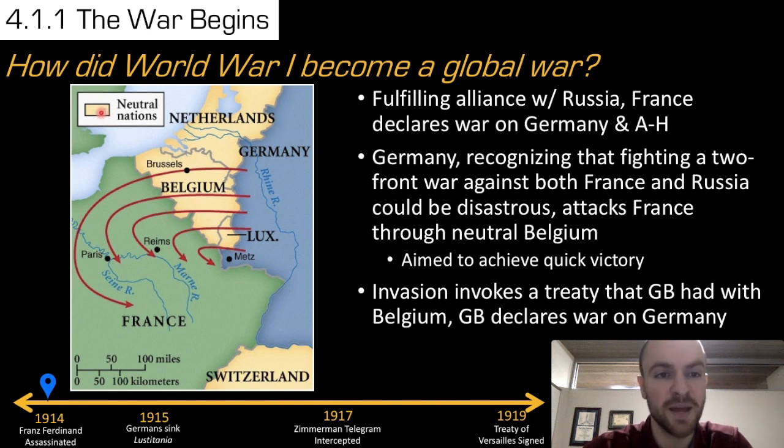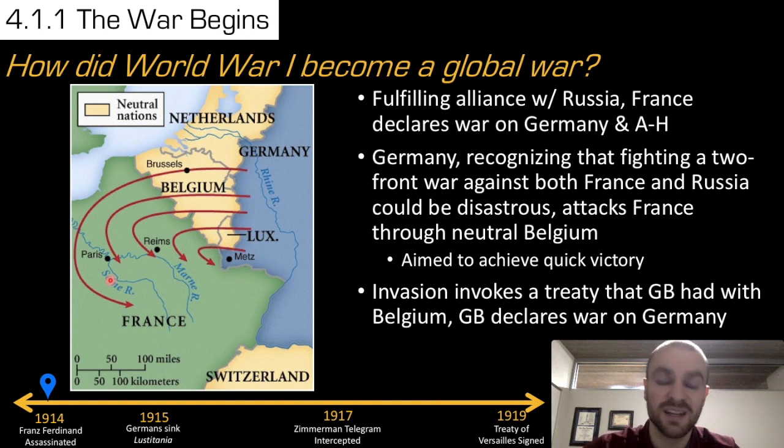You can see on this map, neutral nations are in beige. Belgium is not allied with France or Germany or Austria. Belgium wants to remain neutral, but Germany invades a neutral nation to get to France on the other side.